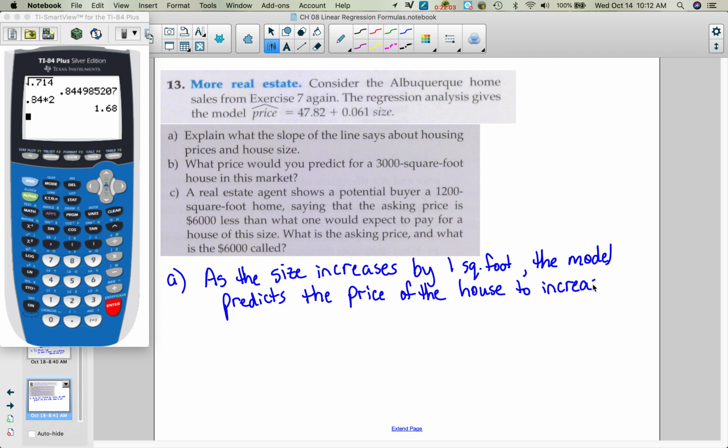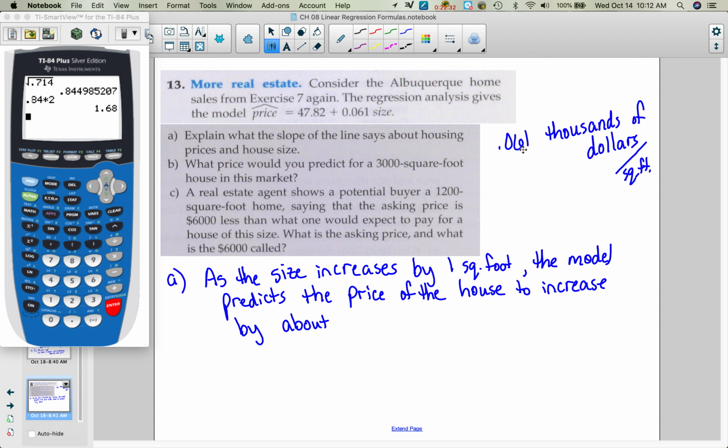by about, now let's think about this. This is 0.061 thousands of dollars, remember, per square foot. That's a little awkward. So to say by about 0.061 thousands of dollars.